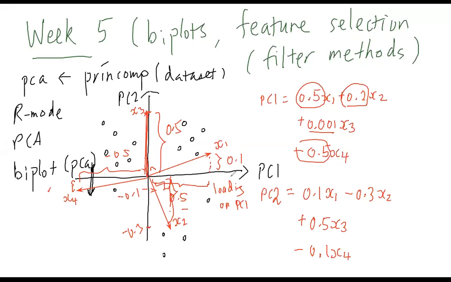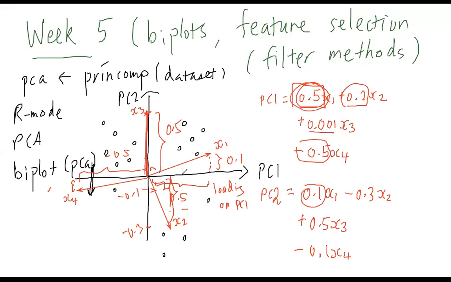In fact, it scales the space in such a way that by just looking at the x and y coordinates on PC1 and PC2, you can put a vector where the x component is this loading and the y component is this loading.